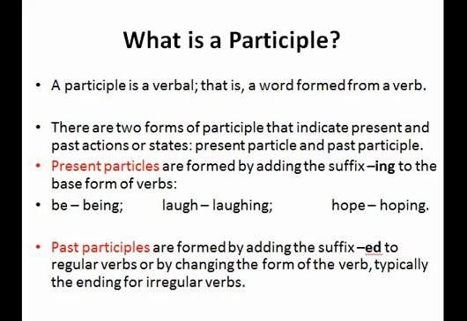Present participles are formed by simply adding the suffix ing to the base form of the verb. "Be" changes into "being", "laugh" changes into "laughing", and "hope" changes into "hoping". On the other hand, past participles are formed by adding the suffix ed to regular verbs or by changing the form of the verb, typically the ending, for irregular verbs.